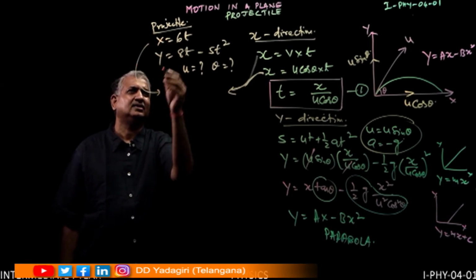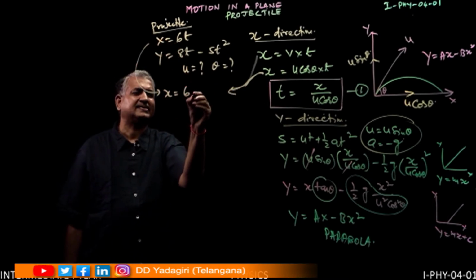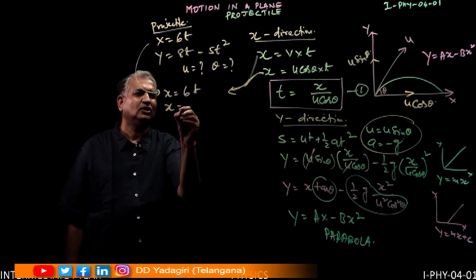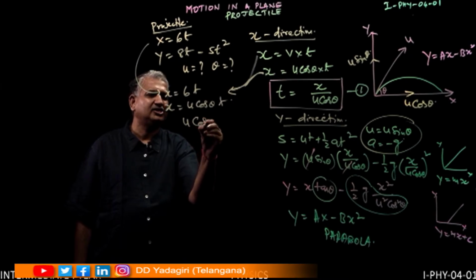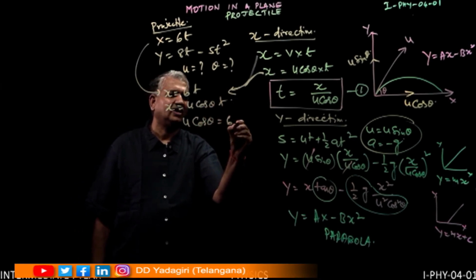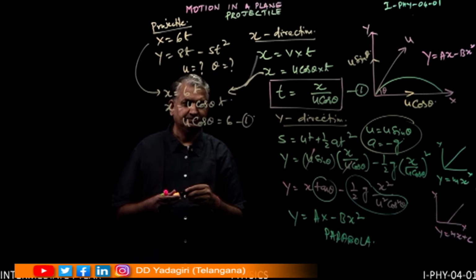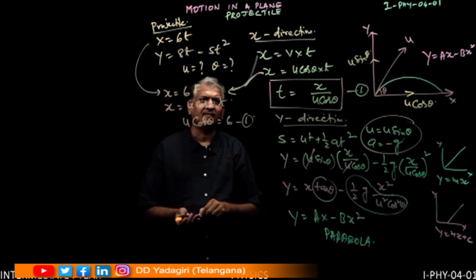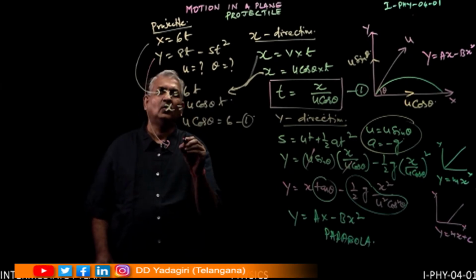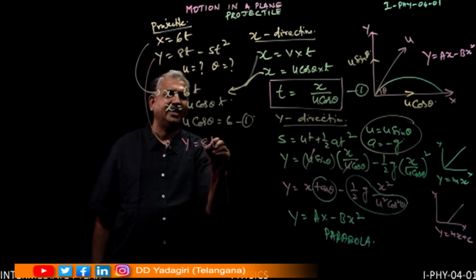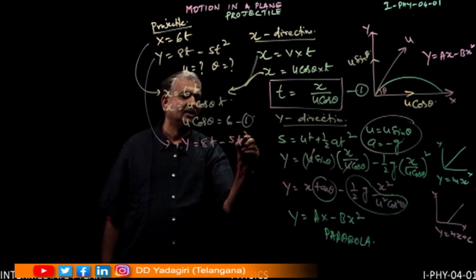So x is equal to 60. But x is equal to u cos theta into t. Therefore, u cos theta is equal to 6. Equation 1. Now, what about the other one? We have other equation. Y is equal to 80 minus 5t square.